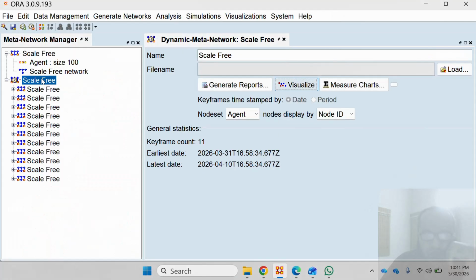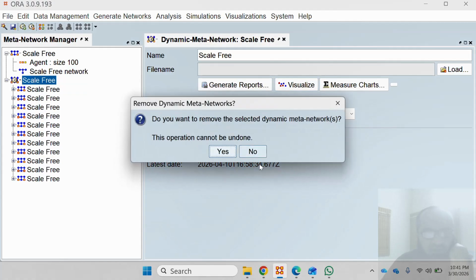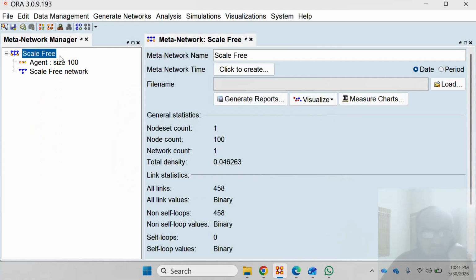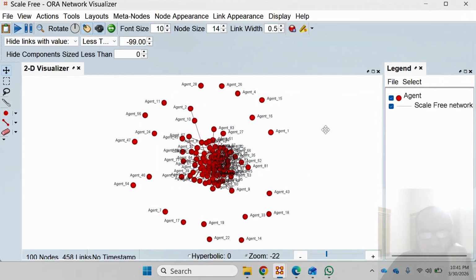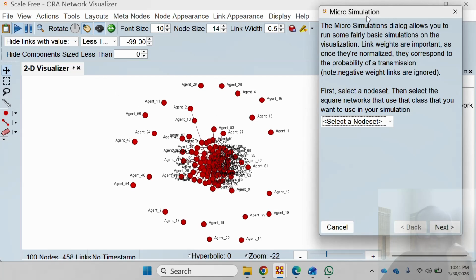Now, okay friends, I remove this dynamic meta network, and this is the original network. I visualize it, and now I want to run the same simulation from here, in the visualization. So we have tools over here, and here is a micro simulation, almost the same.